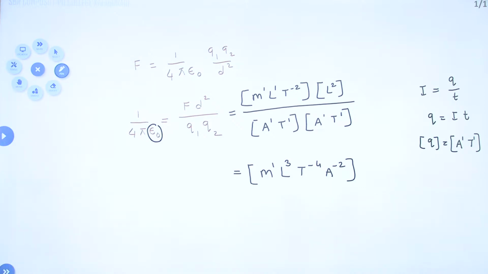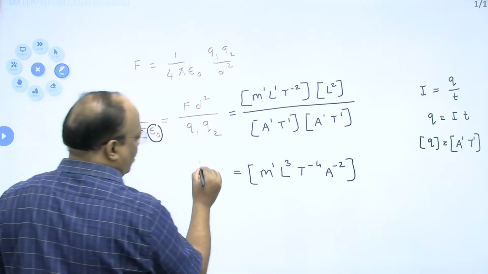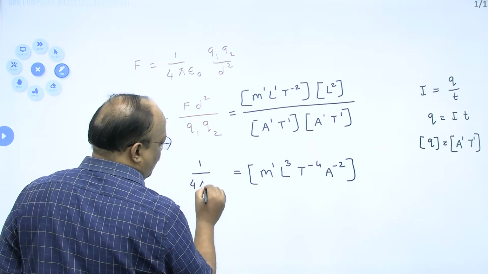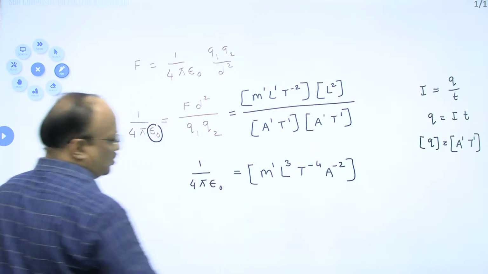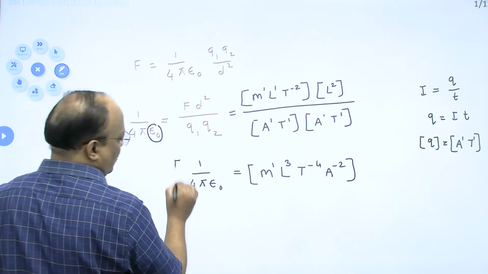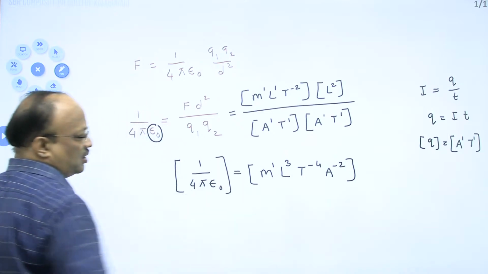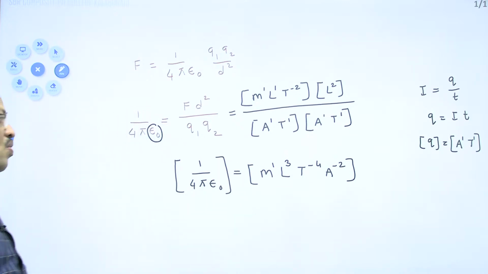So this is the dimensional formula for 1 by 4 pi epsilon naught: 1 in mass, 3 in length, minus 4 in time, and minus 2 in current.